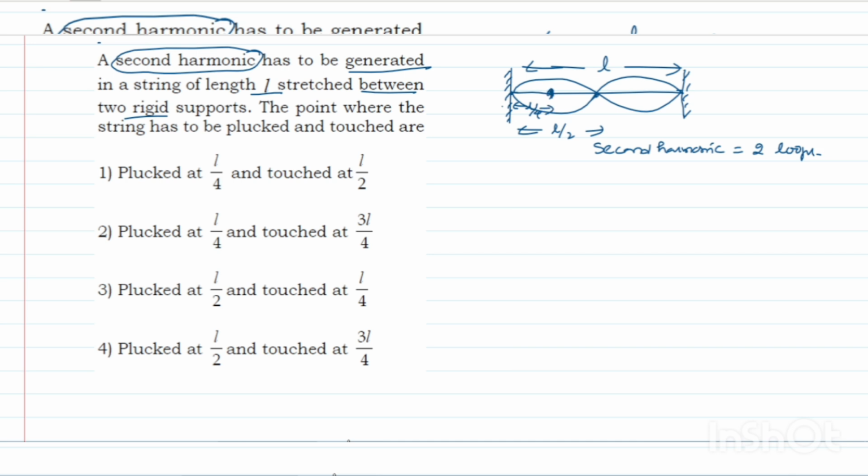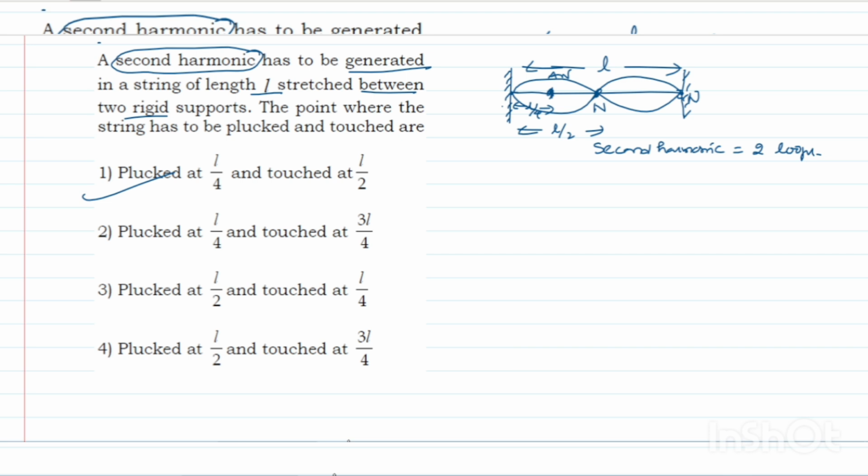At the point of plucking you will get an antinode forming. At the point of touching you will get a node point. So plucked it will be at L by 4 distance, and touched will be at L by 2 distance, so that at the plucking point you get an antinode and at the touching point you get a node point.